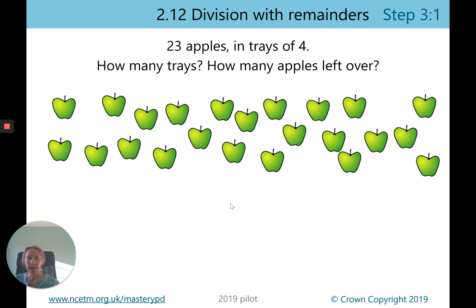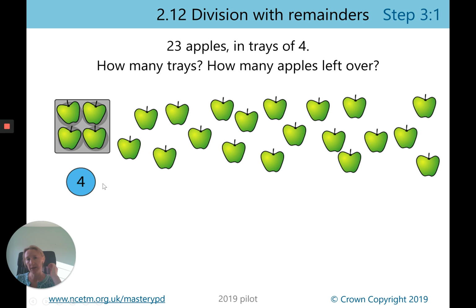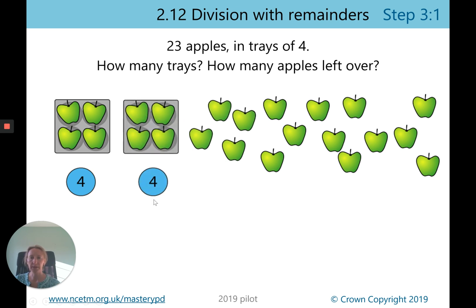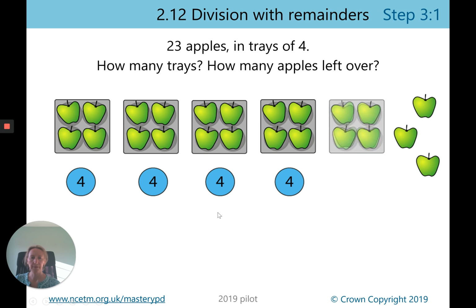And again, I am going to move the apples so you can see them being put into groups of 4 in this case. So here we go. Another group of 4, 4 groups of 4, 5 groups of 4, and then we have 3 left over, okay?